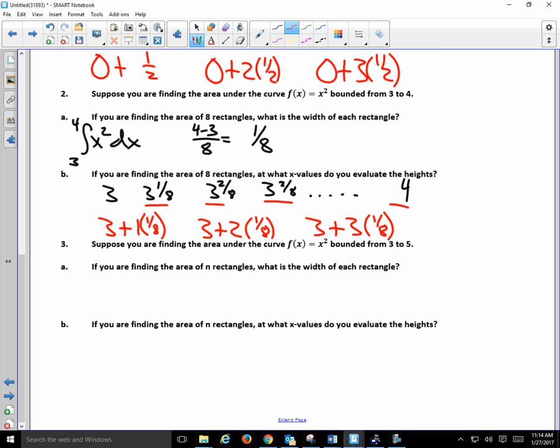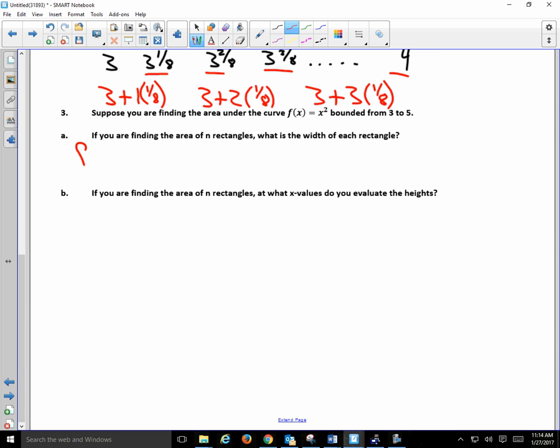So now we have the area from 3 to 5 of x squared dx. What is going to be the width of n rectangles? Use your formula. 5 minus 3 divided by n, or 2 over n.